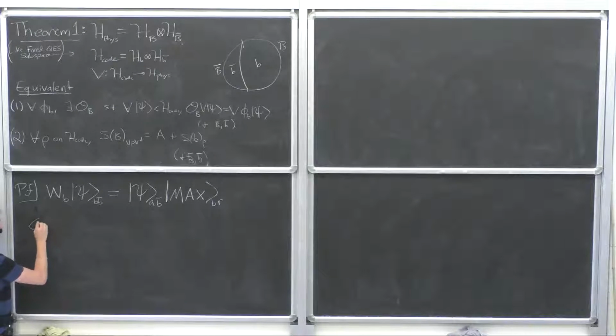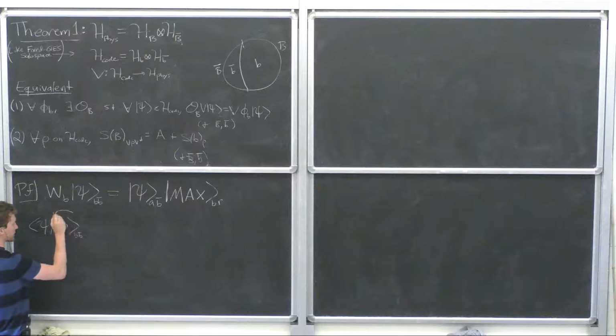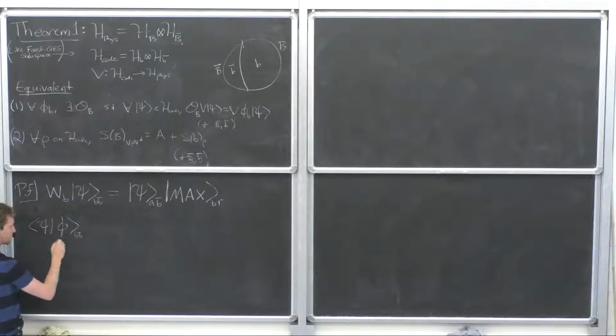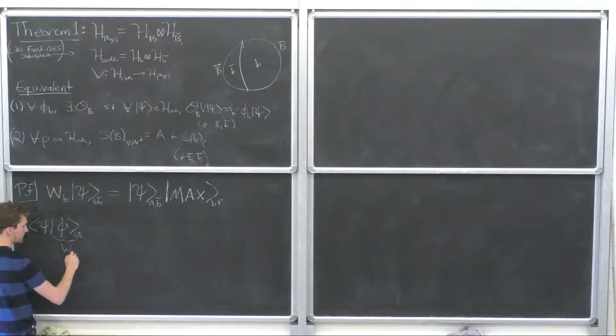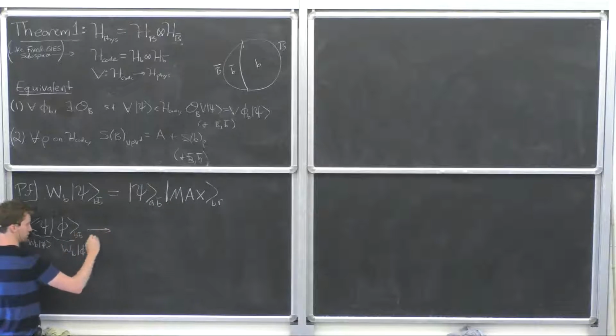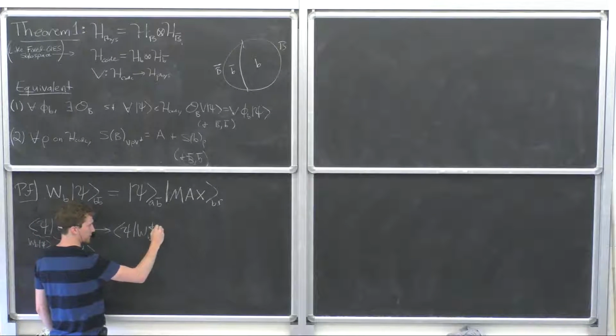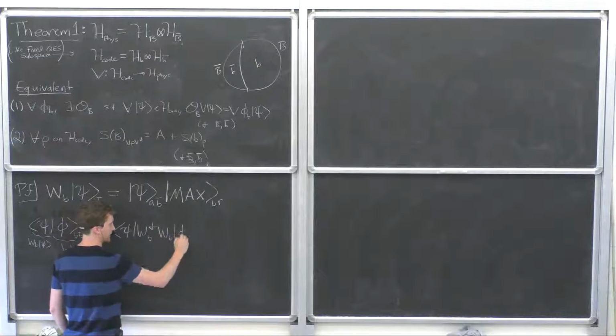if I have two states, psi and phi, on, say, little b bar, and I were to change phi to W b phi, and change psi to W b psi, then this inner product would change to psi W_b dagger, W_b phi.